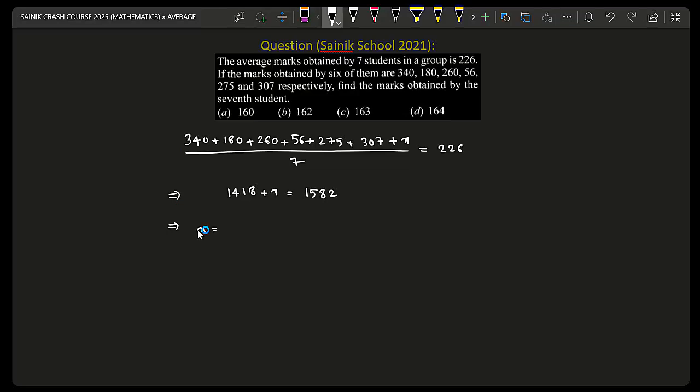How to get the value of x? So we have to subtract. Transpose 1418 to the right side. Addition becomes subtraction. 1582 minus 1418. Yes, can you simplify this?